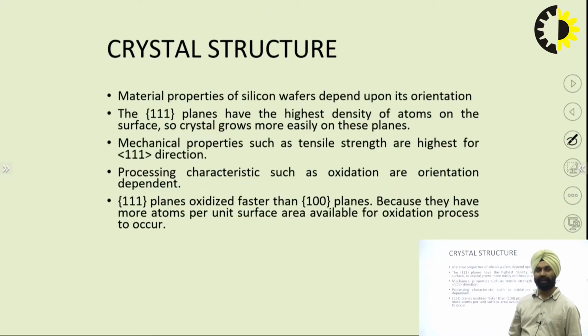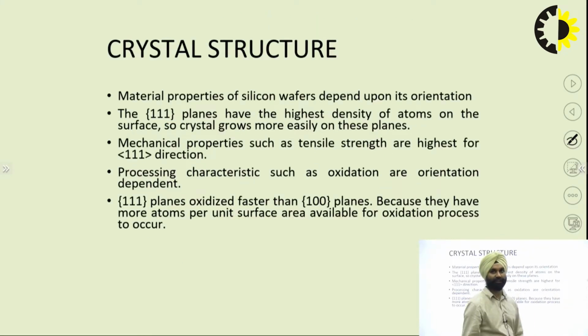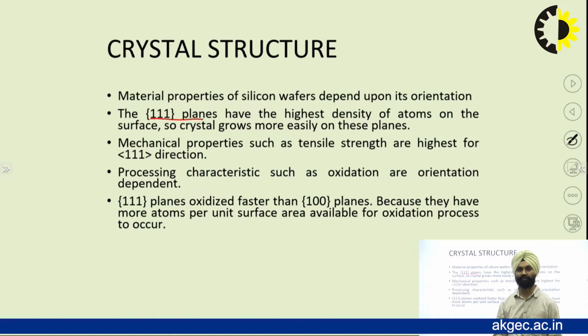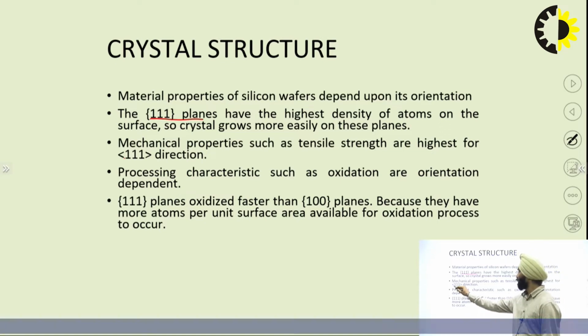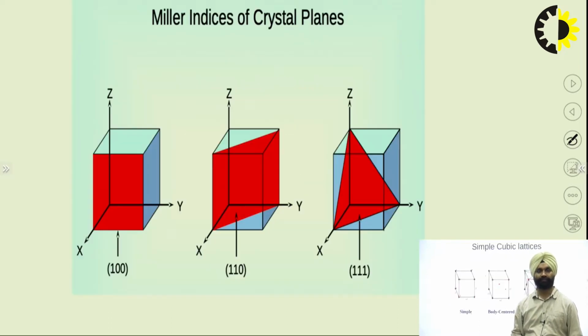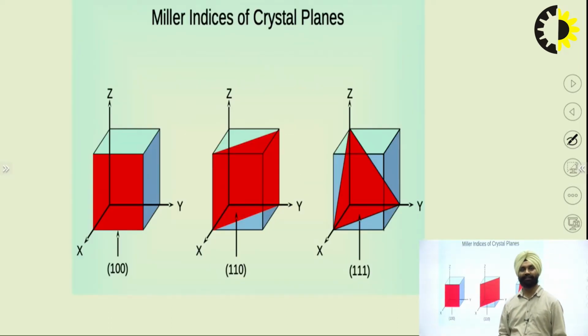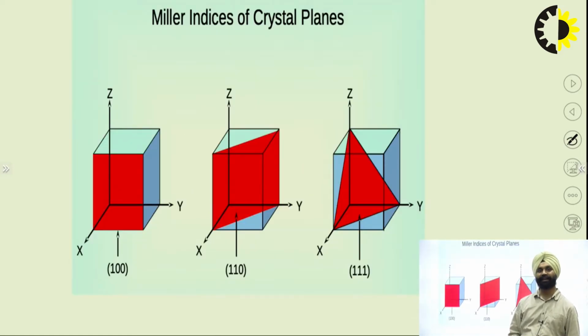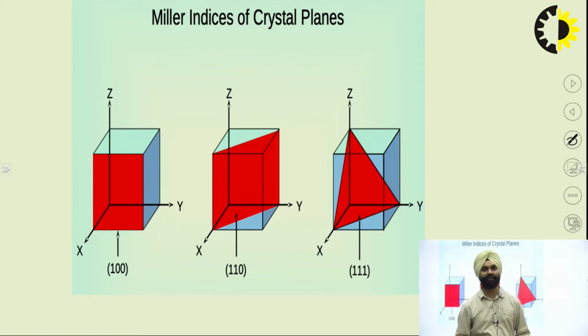According to that, there are different planes. One is the 111 plane, which is shown by the Miller indices. With these structures, we can see that there are different structure arrangements.